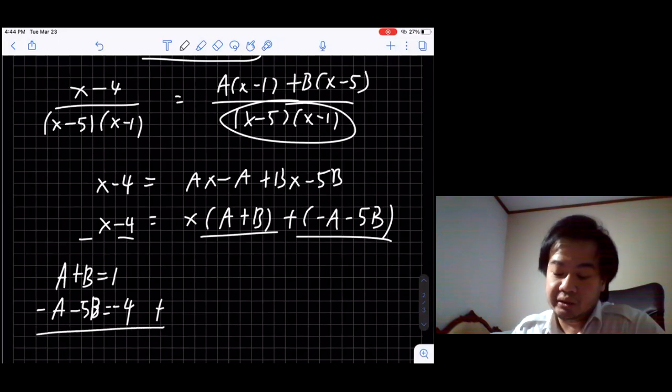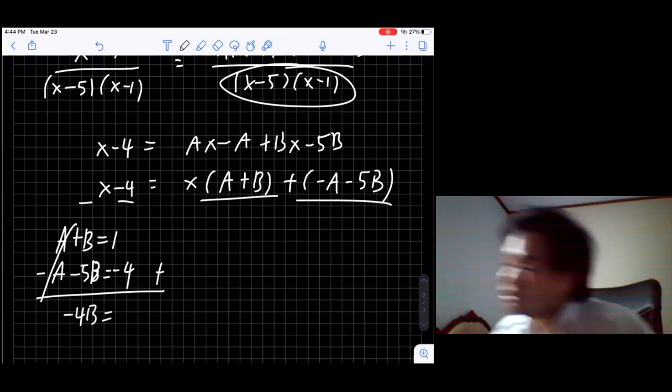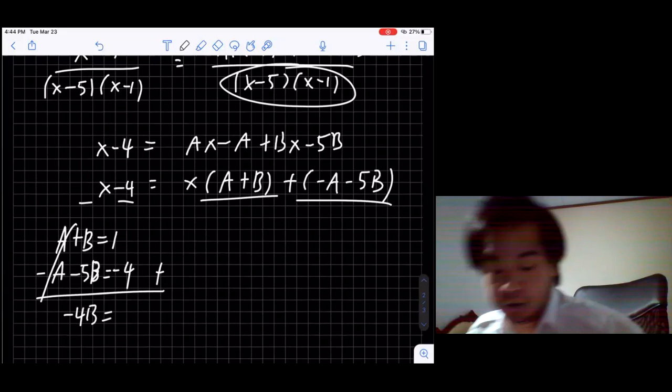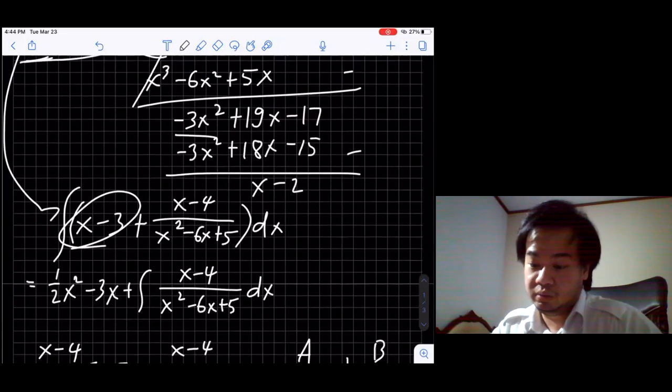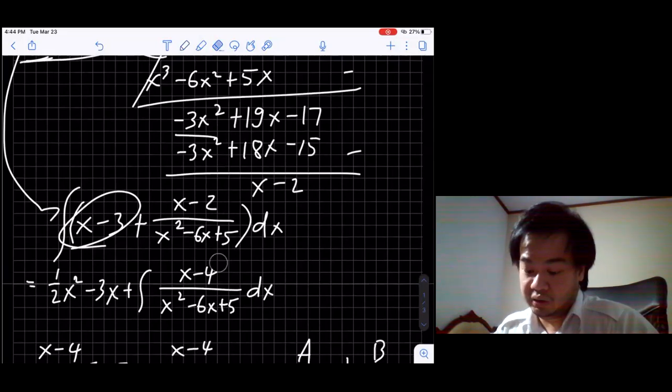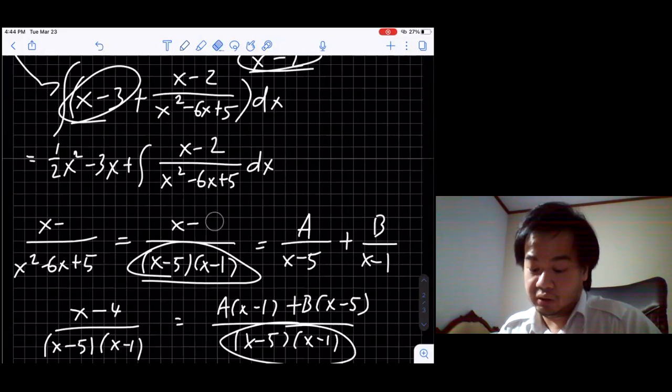So perform the additions, cancel, and then you have negative 4b equals to, is it correct? I'm sorry, it's supposed to be x minus 2, not x minus 4, because here the remainder is x minus 2. So I'm going to change everything to x minus 2.